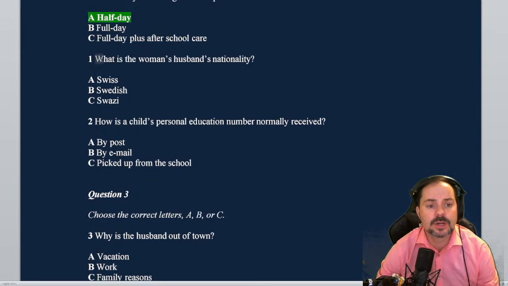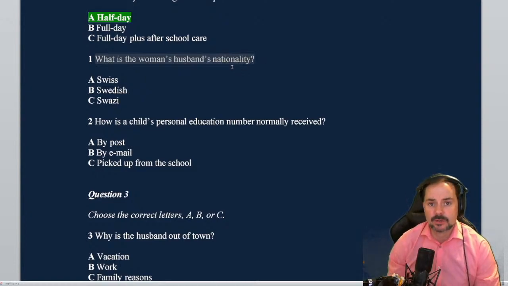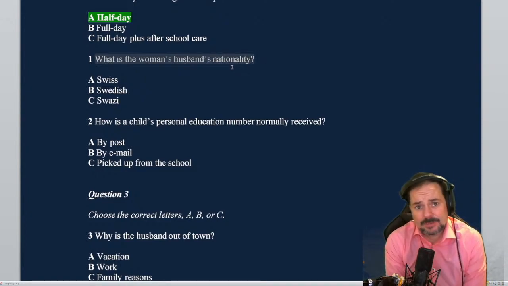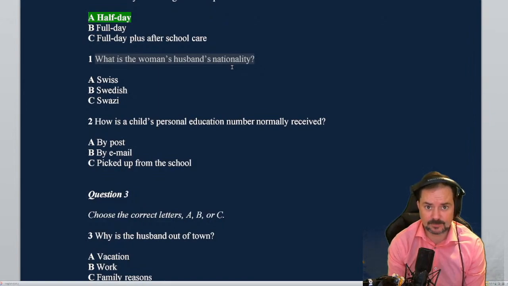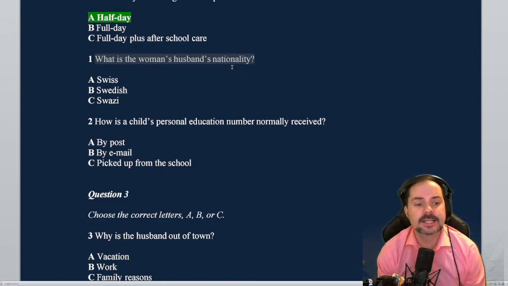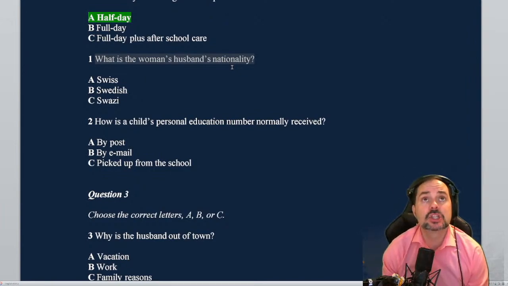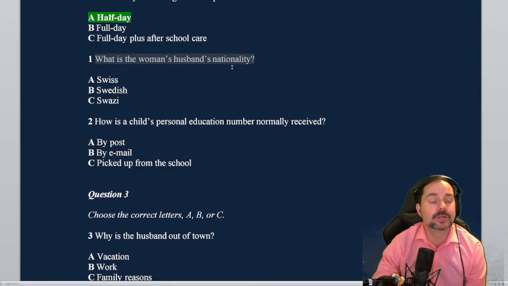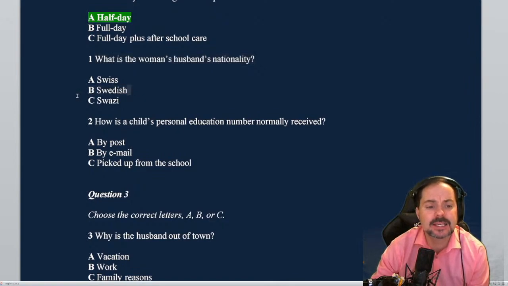Okay, here we go. The first question, what is the woman's husband's nationality? Okay, so they talk a little bit about names. They talk a little bit about spelling of names. What's the nationality? Mian says the man is Swedish. A lot of people agree. Part 1 should be fairly easy.